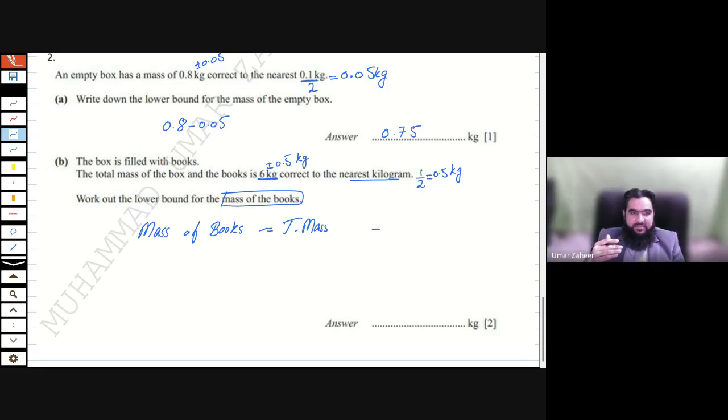Obviously, the total mass is basically the sum of empty box plus books. You need to find the mass of the books, so just subtract the mass of the box. So obviously, the remaining will be mass of the books. Yes, everyone, it is clear. Any question up to here?